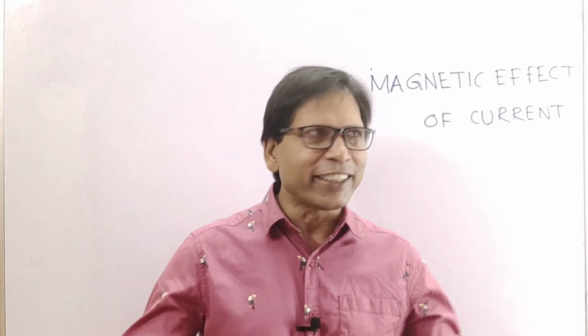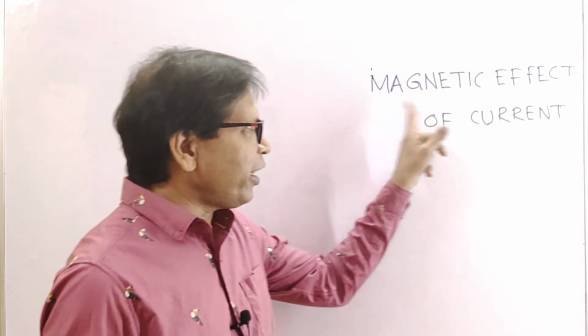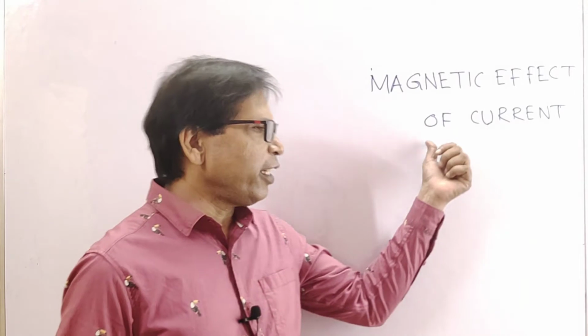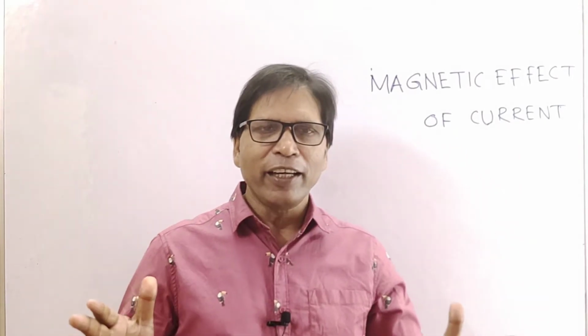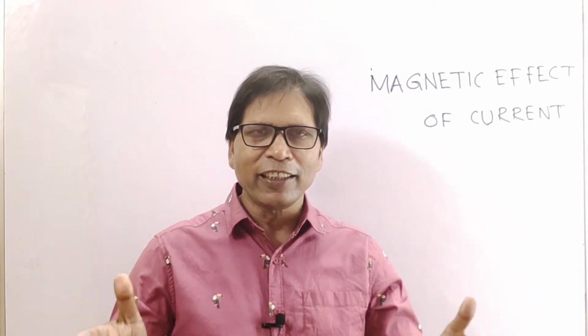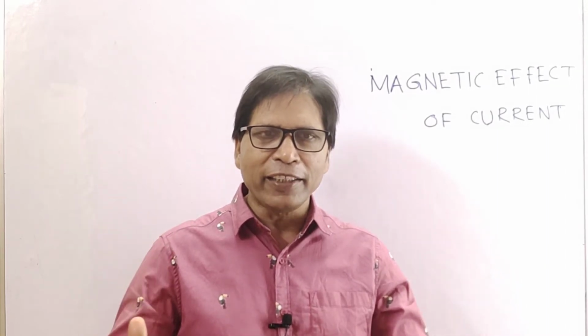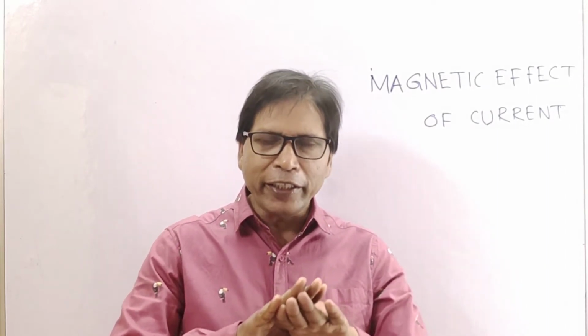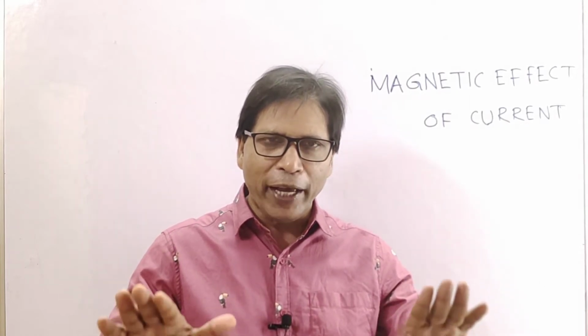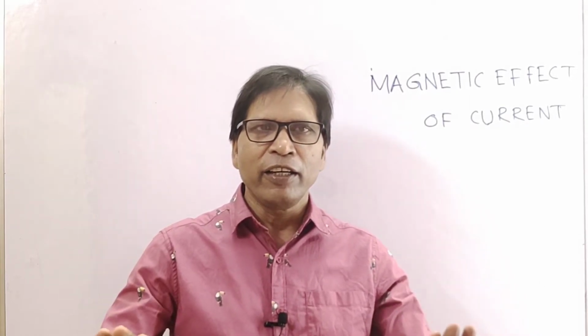Today I will be discussing the magnetic effect of current, that is Oersted experiment, magnetic field lines, properties of magnetic field lines and representation of magnetic field with the magnetic field lines.